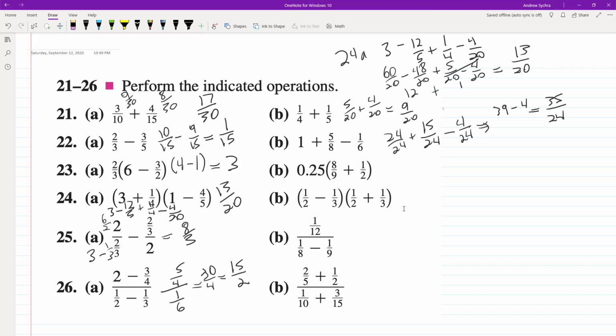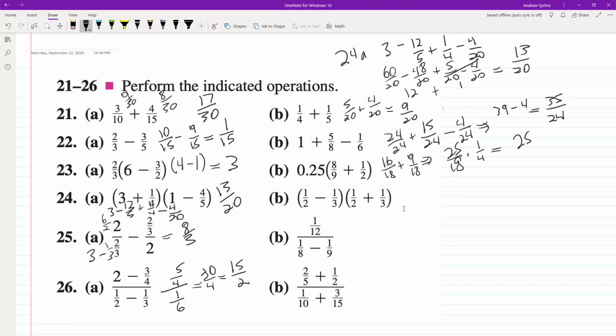Common denominator is 18. So we get 16/18 plus 9/18, which is equal to 25/18. And we multiply by 1/4. So essentially, we end up with 72.